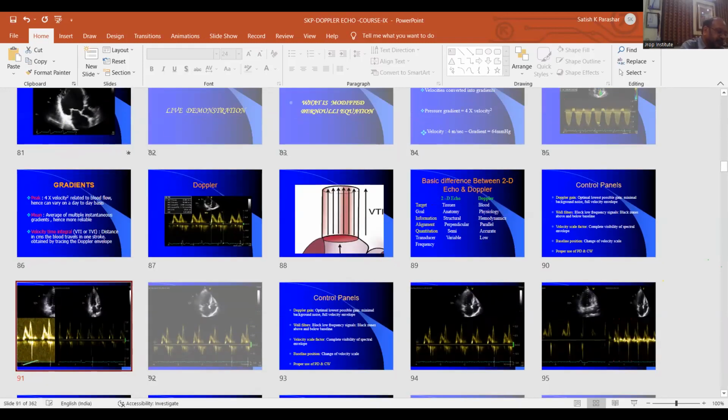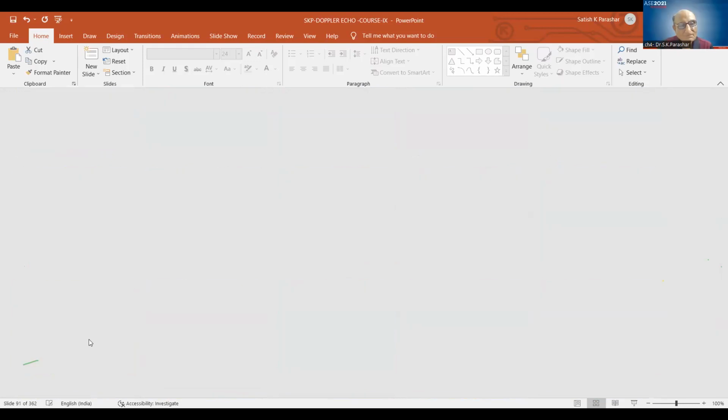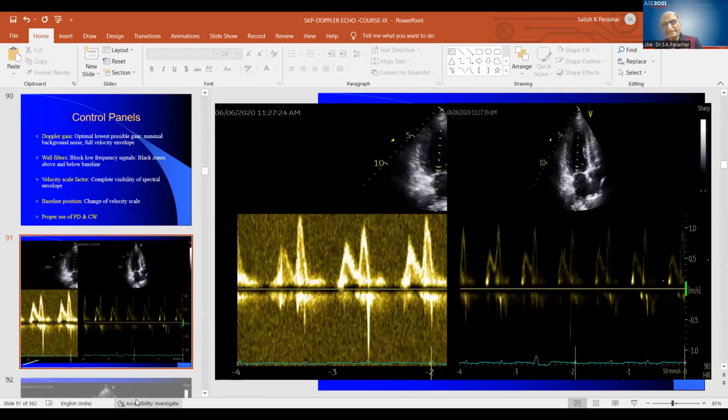There are two types of gains. One is an overall gain, and one is a TGC, time gain compensation. The overall gain has a 2D gain, Doppler, and color flow mapping. The overall gain increases the whole intensity of the particular structure, and decreasing the gain produces a very low disturbance.